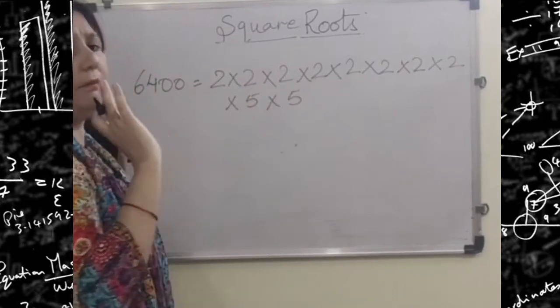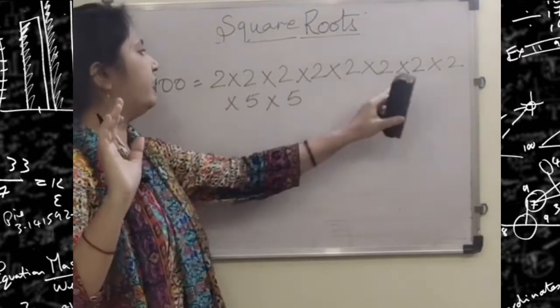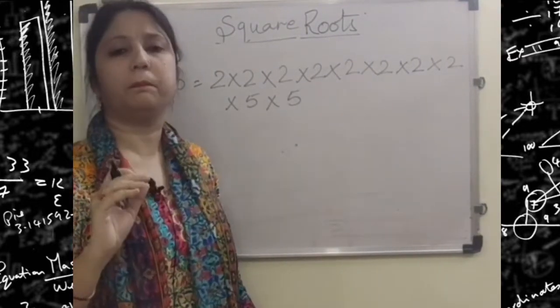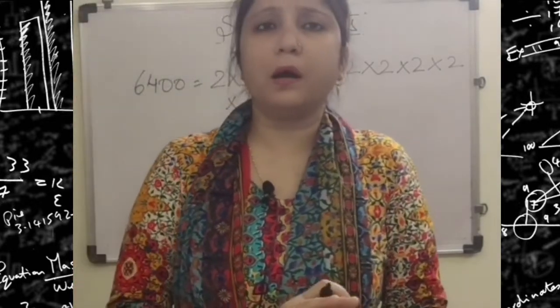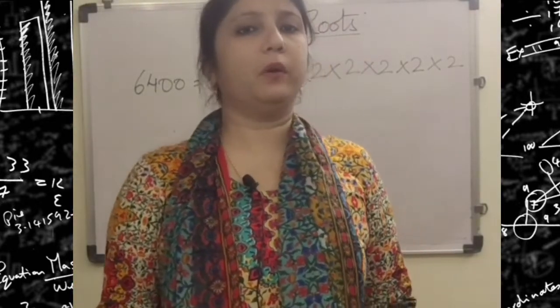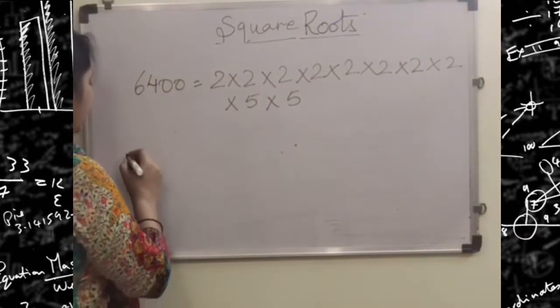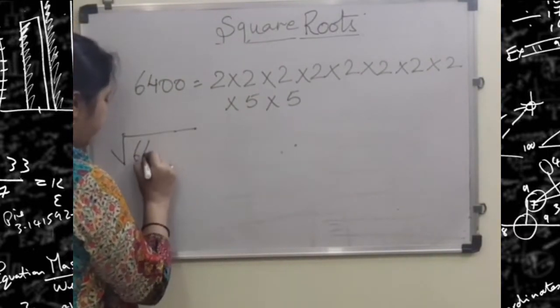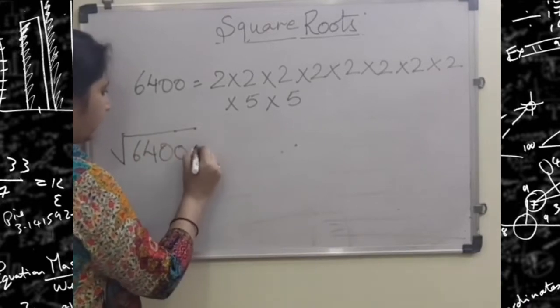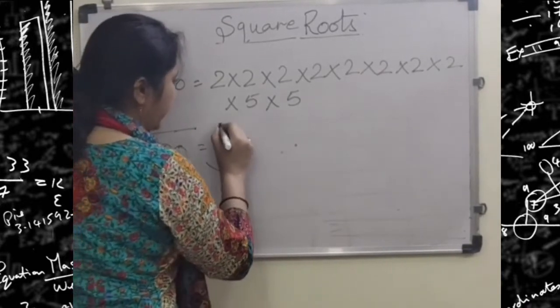Here is the number that we have expressed as the product of its prime factors. Till here I think you don't have any problem at all. Now what we do in the next step, we introduce this square root sign on both the sides.